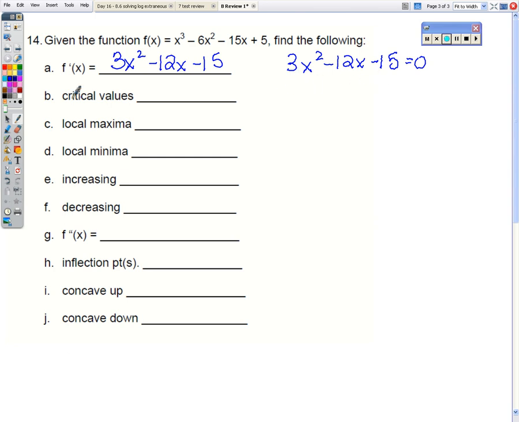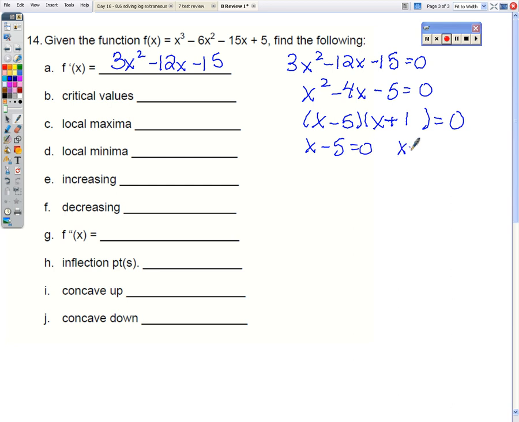So I'm going to divide everything by 3 to make my factoring easier. So what multiplies to negative 5 that adds to negative 4? We're going to choose negative 5 and positive 1. Set each factor equal to 0. So x is 5 or negative 1. So those are my two critical values.